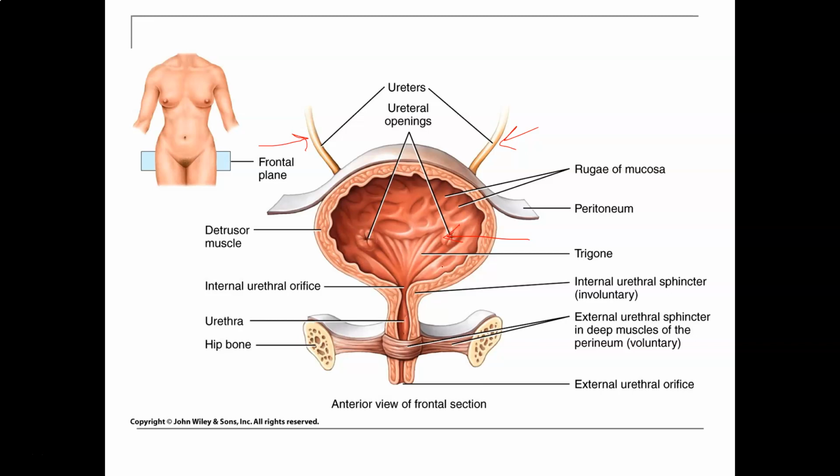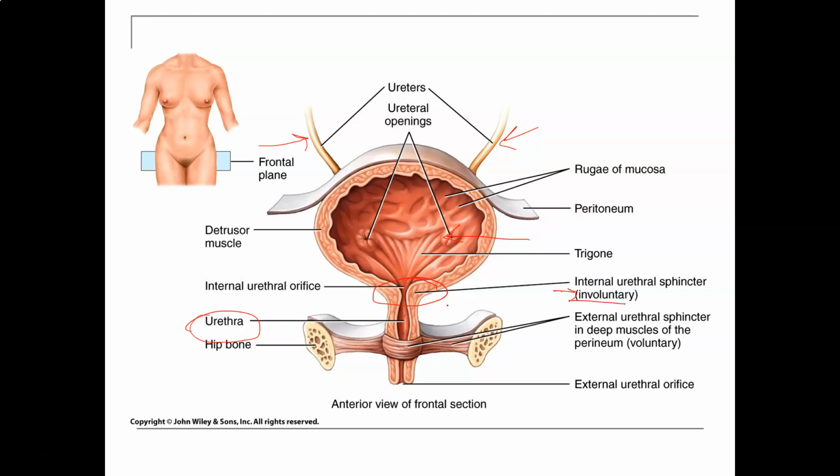So you store it here in the bladder, and then when convenient, you excrete your urine through the urethra, which there's only one. And we'll look at the urethra in males versus females because it looks quite different. There is a sphincter here where the bladder opens up into the urethra. So this is a smooth muscle sphincter.